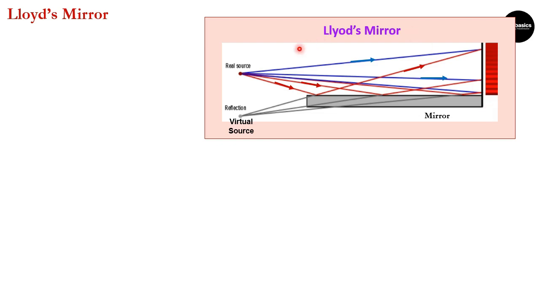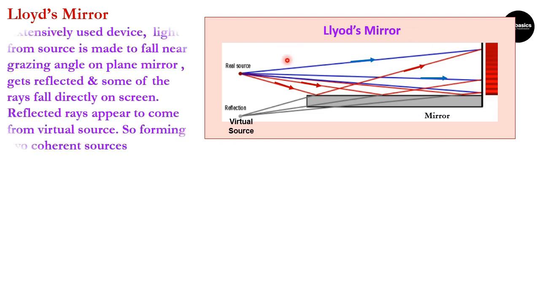Some rays from this real source fall on the mirror, and some fall directly on the screen. The rays falling directly on the screen are shown in blue, and the rays reflected from the mirror are shown in red.